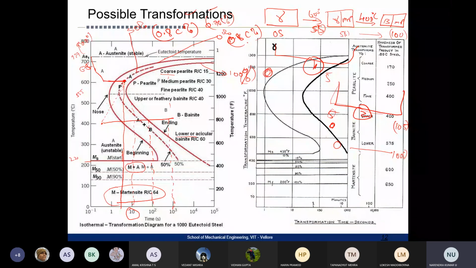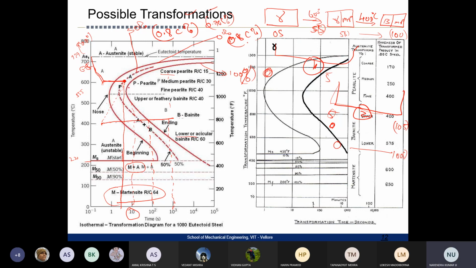So how to represent this in the graph? This is how it is done. You quench it to 600, 50%. Then you have to go reverse, because that is the second transformation and that is the initial second for the second transformation. So the time is different for each transformation. It is always the 0th second which is going to start. Then you quench it to 400.